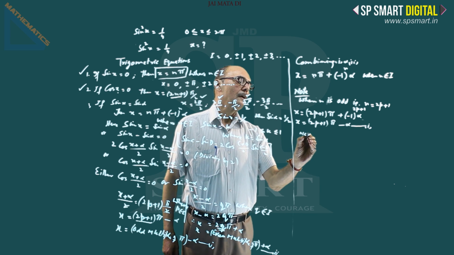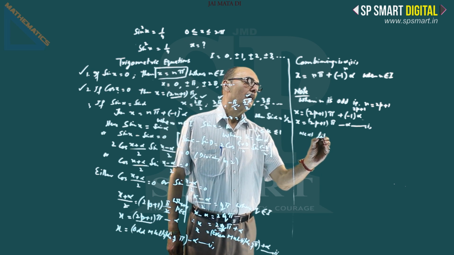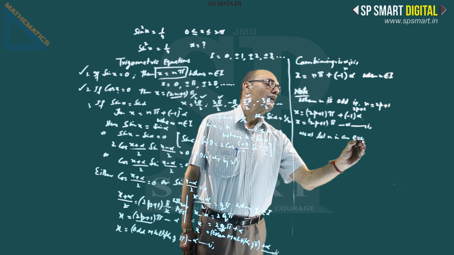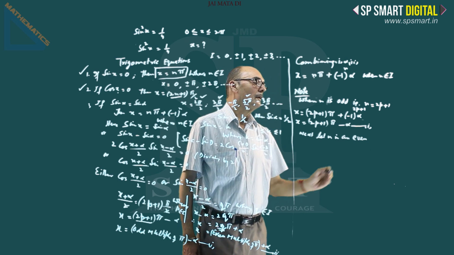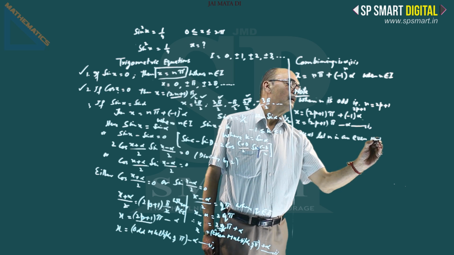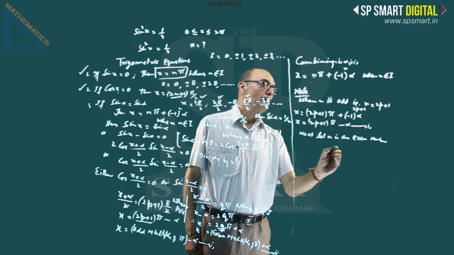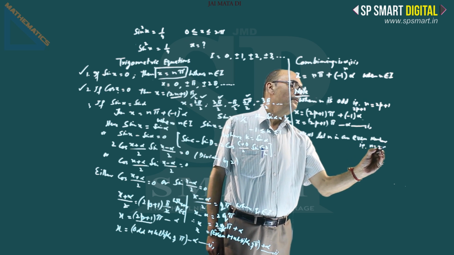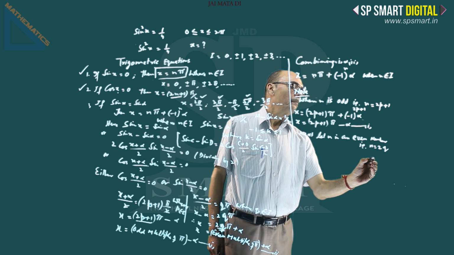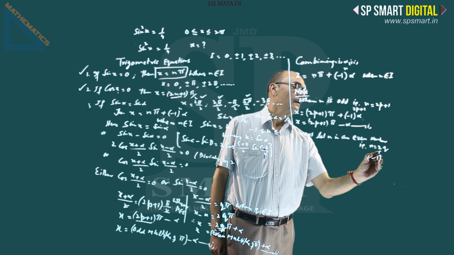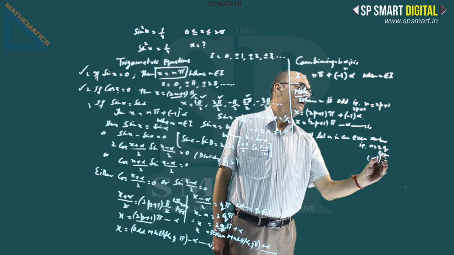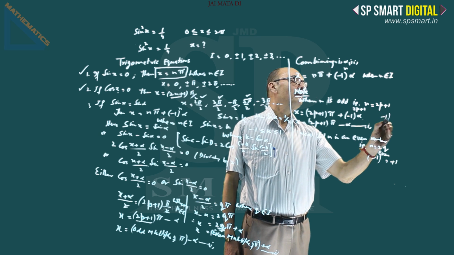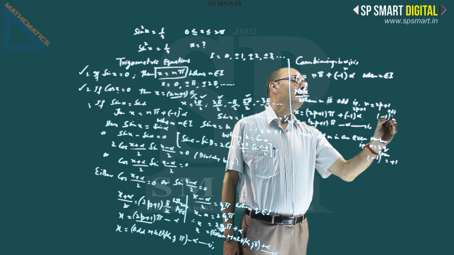Next, let n be an even number. So, therefore, n equals to 2q. Minus 1 raised to an even power is plus 1. Here we have made use that minus 1 raised to an odd power is minus 1.